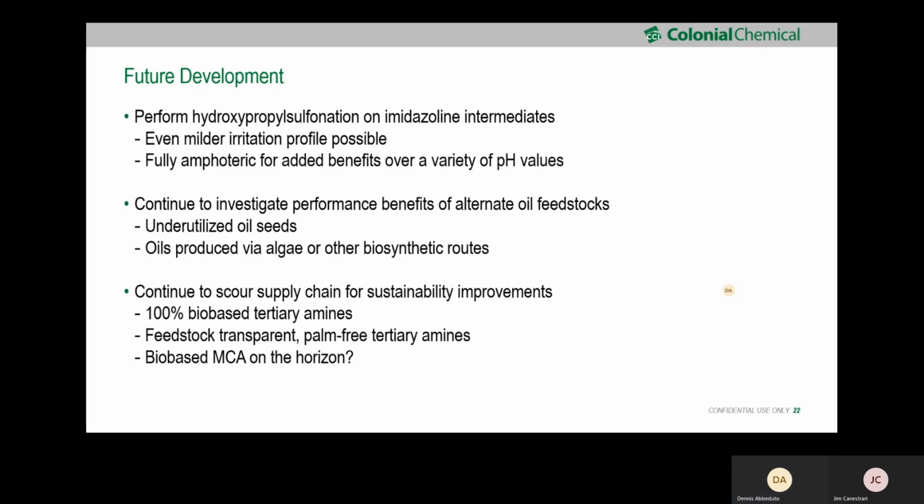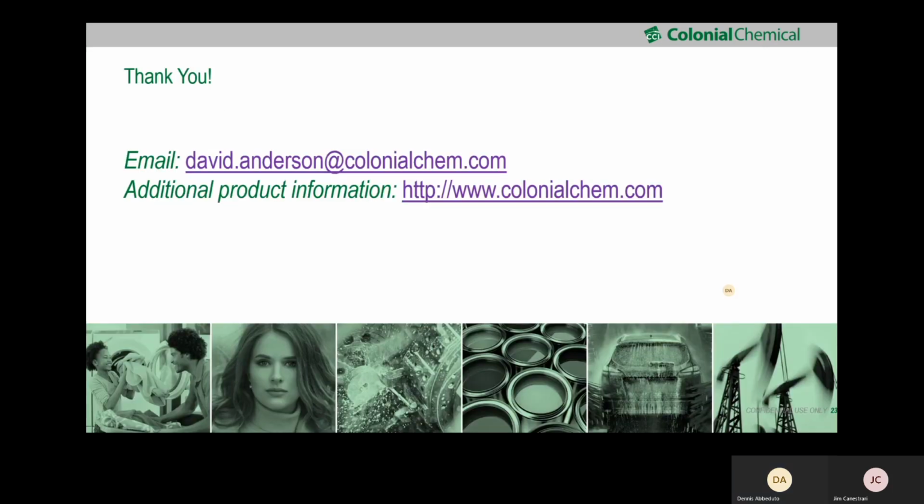And again, as I mentioned towards the beginning of this, we do see perhaps that bio-based monochloroacetic acid or sodium monochloroacetate may be on the horizon, but unfortunately not commercially available yet. So we believe that this sultaine route is the most sustainable available route right now to producing the benefits and properties that are associated with these valuable secondary surfactants.